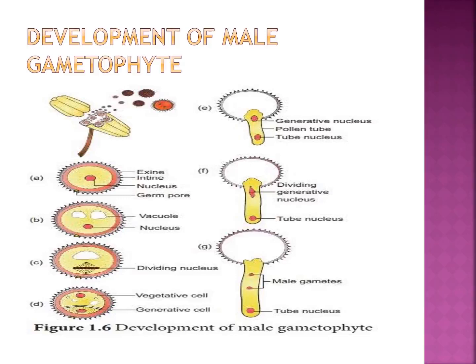These are all in the development of the male gametophyte. Okay, so D, the vegetative cell and generative cell, and F, the dividing generative nucleus and tube nucleus. Finally, the male gametophyte and tube nucleus. Okay, next one.